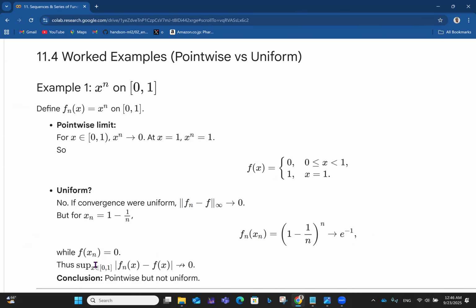Thus the supremum over x in [0, 1] of the absolute value of Fn of x minus f of x does not converge to 0, because that's the condition. So we can say that the function x^n on the closed interval [0, 1] converges pointwise, but it is not uniform, like that.